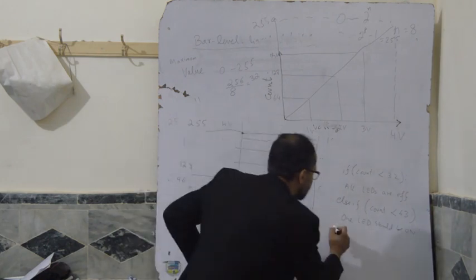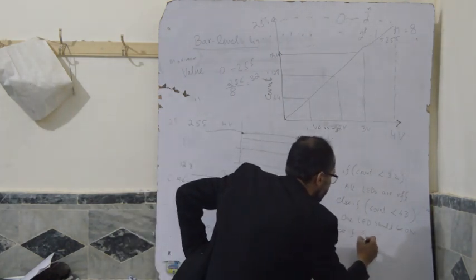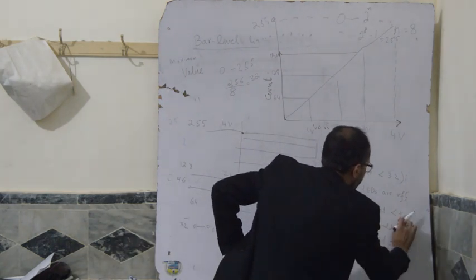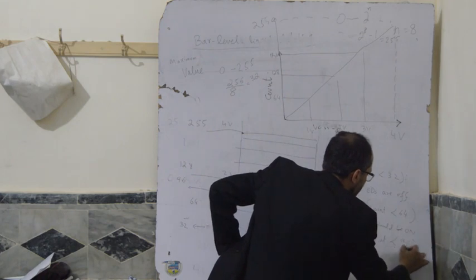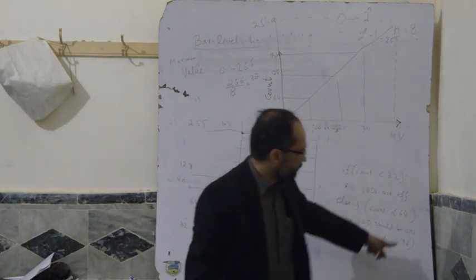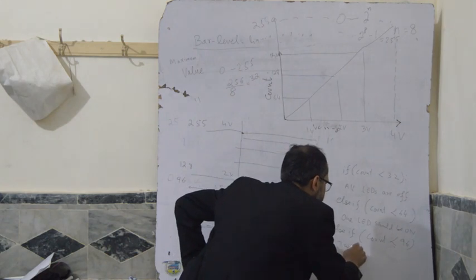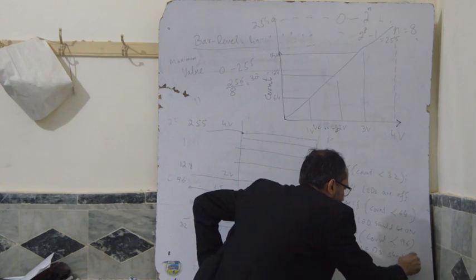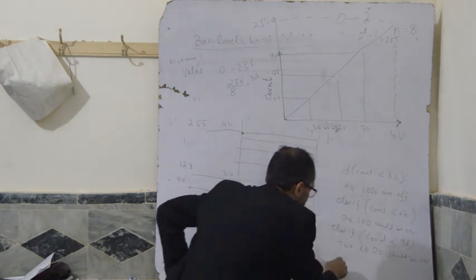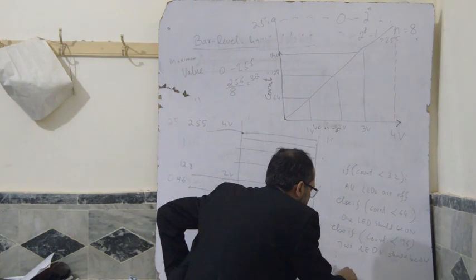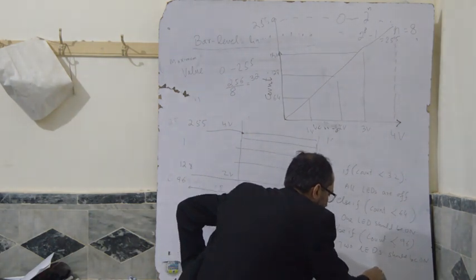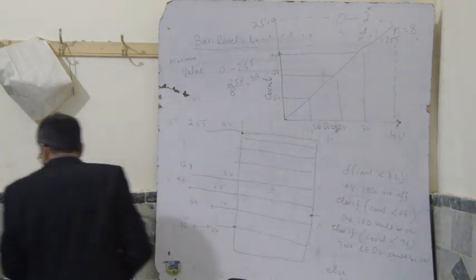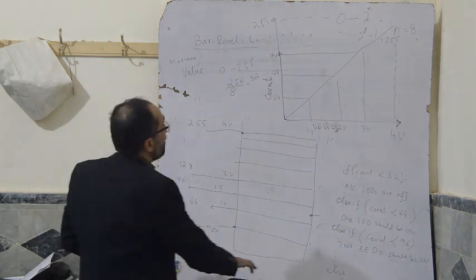So we can say else if count is smaller than 96 and greater than 64, 2 LEDs should be on. And in the final else, all LEDs are on. So this is another example of an embedded system.